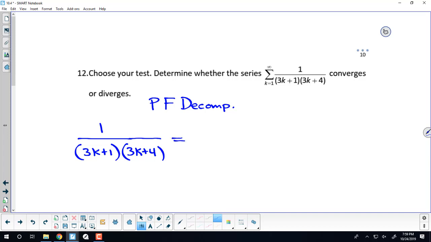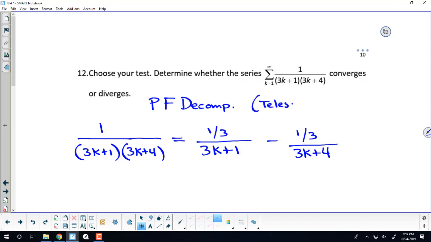So when you break that down, your A is 1/3, and that's over the 3k plus 1, and your B is negative 1/3 over 3k plus 4. So I think with that, like with the telescoping series, right, you write down the first few terms or the last few terms and figure out what cancels.